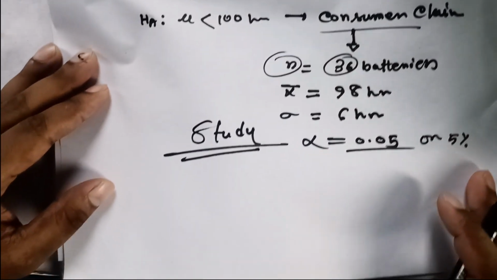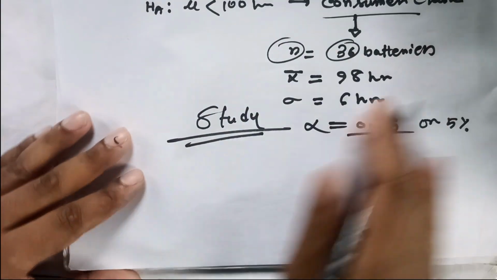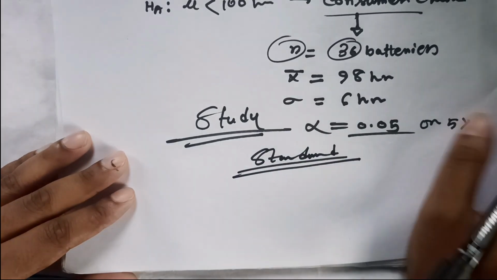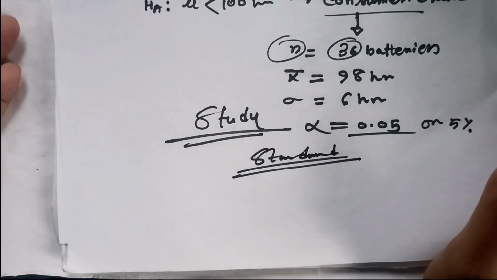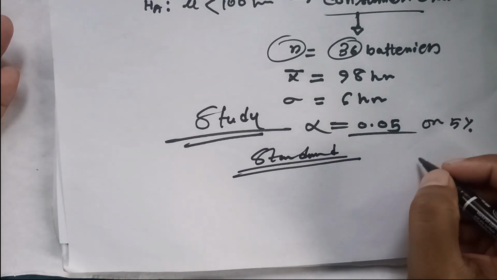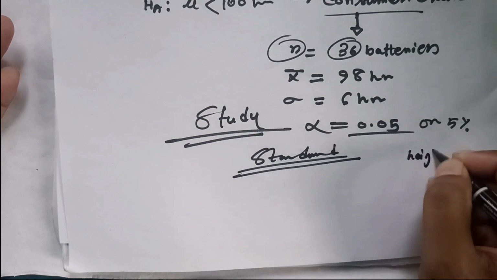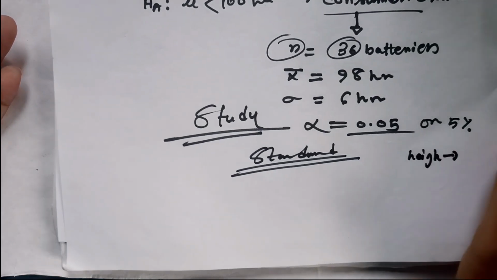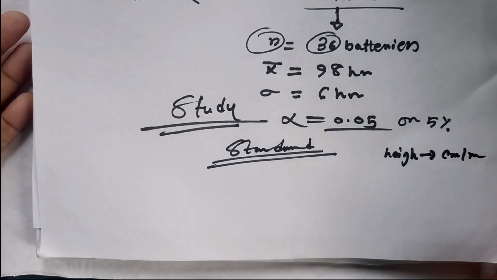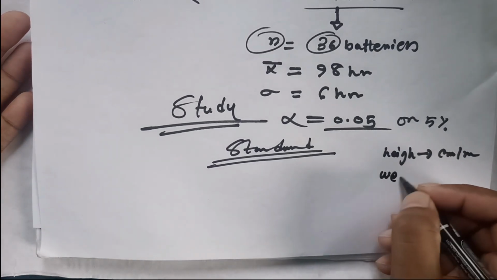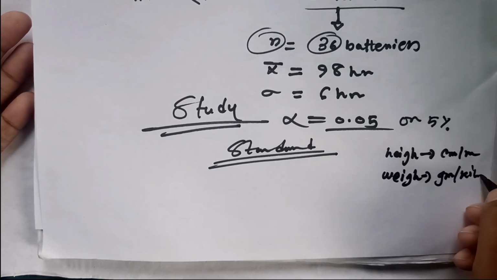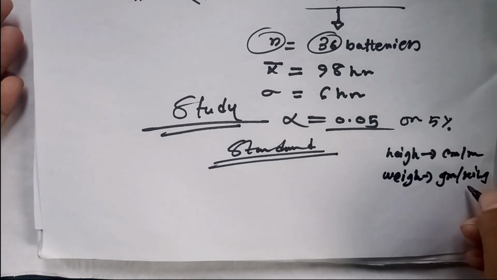So first of all, what will be our first approach? To make it standard. Why do we go for making something standard? Because for example, suppose there is height. We know that the height unit is centimeters or meters, etc. On the other hand, we have weight, which has gram or kilogram as a unit.